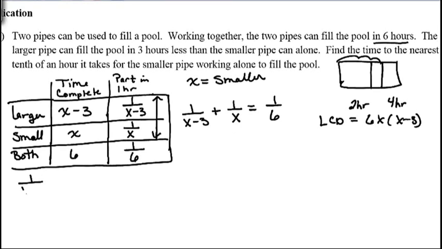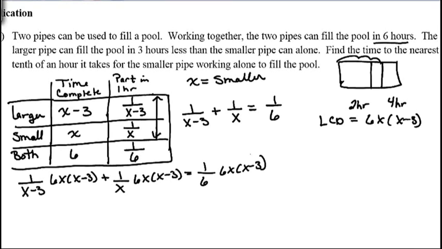So I have 1 over x minus 3 times 6x times x minus 3, plus 1 over x times 6x times x minus 3, equals 1/6 times 6x times x minus 3. So when we multiply 1 over x minus 3 by our least common denominator, the x minus 3's cancel, and we're left with 6x.